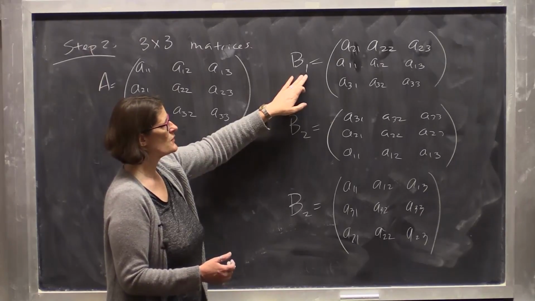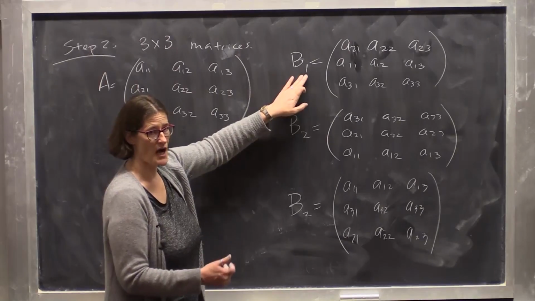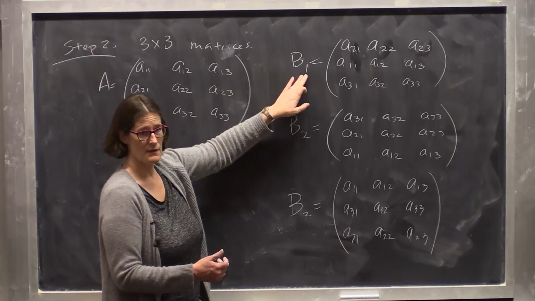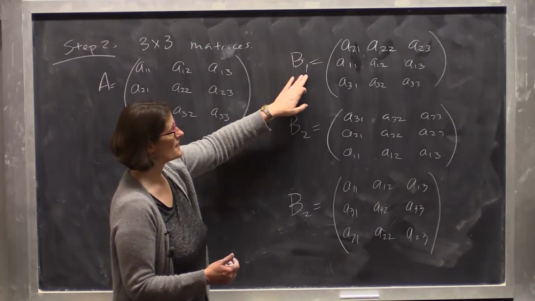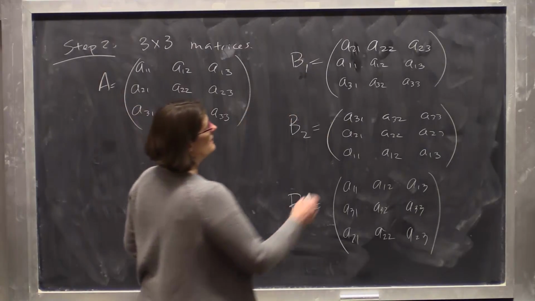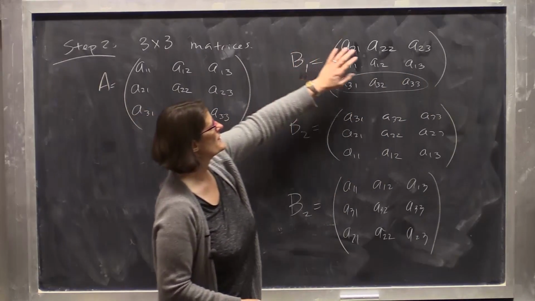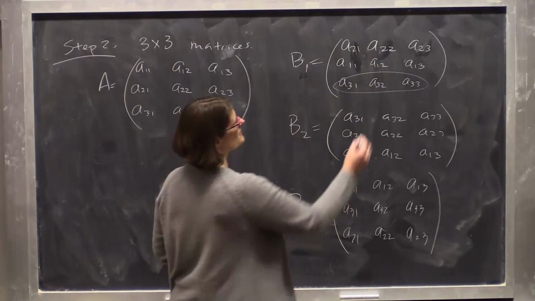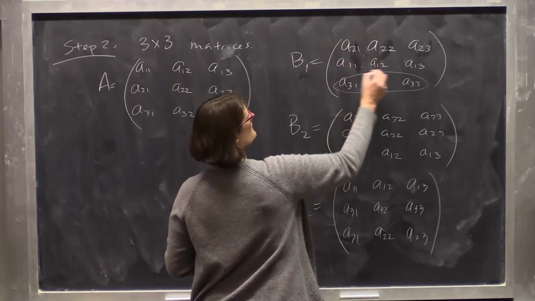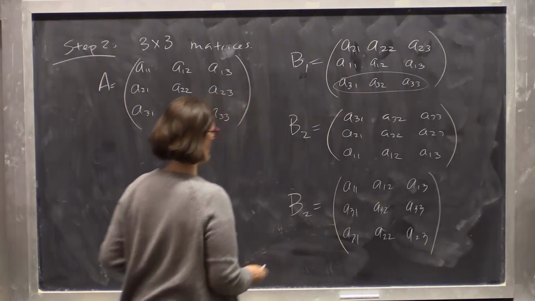This means I should do a cofactor expansion around a row which does not involve swaps, because if I do a cofactor expansion about this row, I'm going to need the determinant of this, which has swaps, or the determinant of this, and so forth.